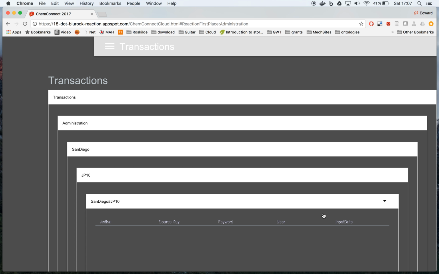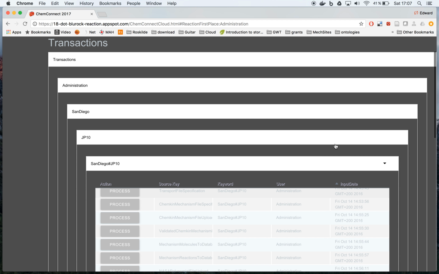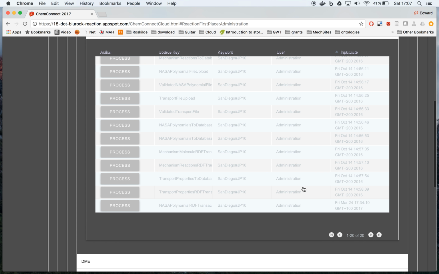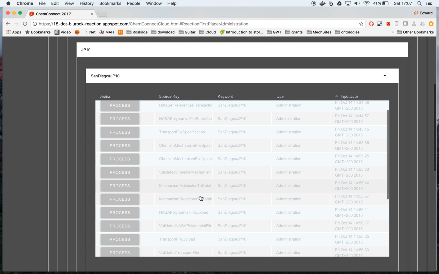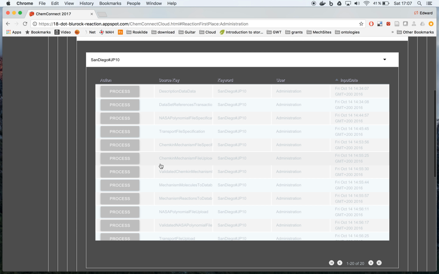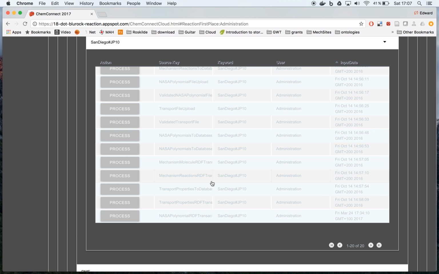Now we can see, for example, on inputting this particular data set, it went through all of these transactions having to do with setting up the data, finding the data, reading in the data, validating the data, putting the data into the database, and then converting the data into the RDF format.